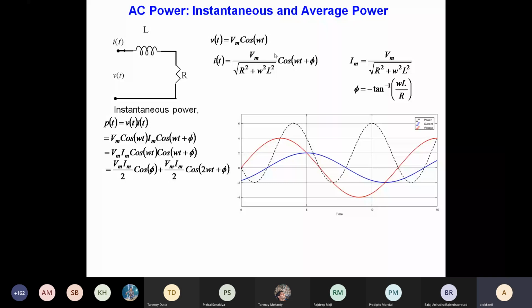If you consider one cycle of the voltage, in that one cycle the power has covered two cycles. That is due to the 2 omega t component appearing in the power expression. It comes directly from the mathematics that the power is changing at twice the rate of the voltages and currents.